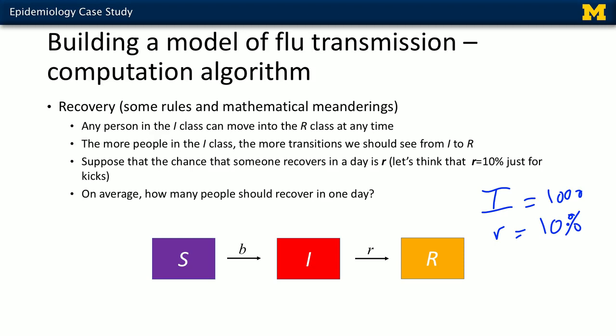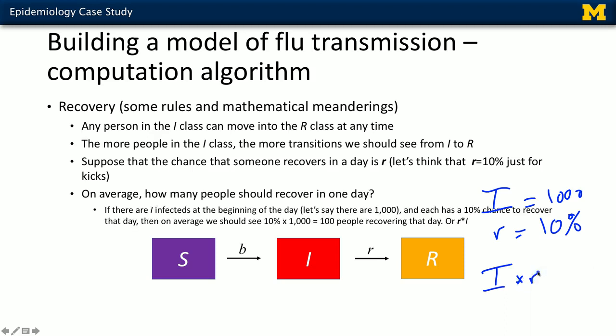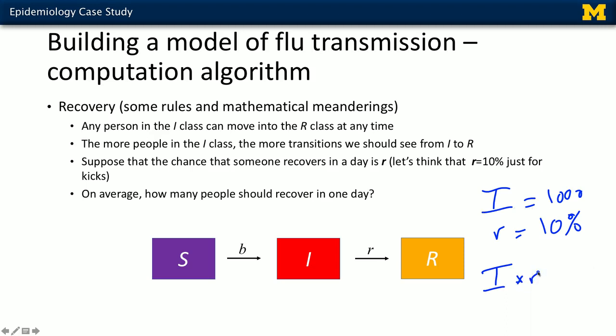Well, how many people should recover? It should be I, the number that I have, times R, which is the 10%. And 10% of 1,000 in this particular case is 100.